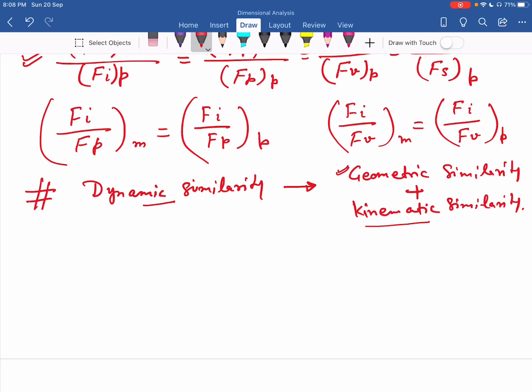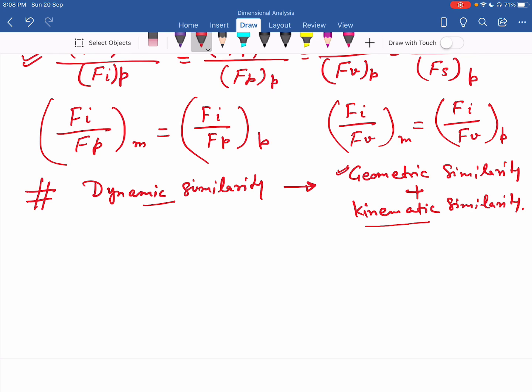So now depending upon this, we have some similitude laws. For complete similarity, we have different similitude laws. Those laws come from the dimensionless numbers. Okay. So the importance of each dimensionless number is associated with the force by which it is related to the inertia force.